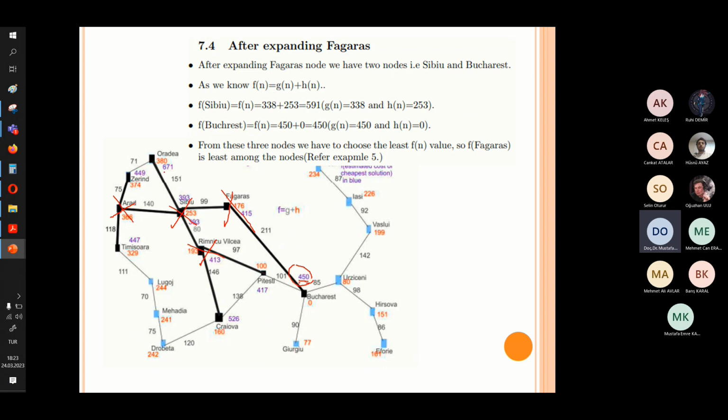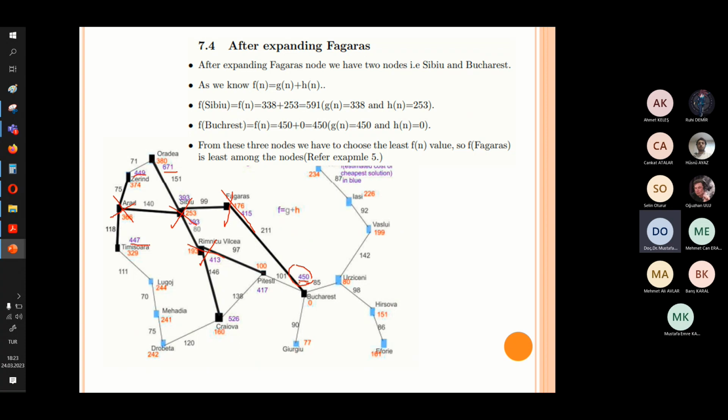The cost of Oradea is 617, so we don't need to check this one out. Zerind is 449. As you can see, we have got a better option. Maybe going from Zerind to Bucharest could be less than this path, so it needs to be explored.